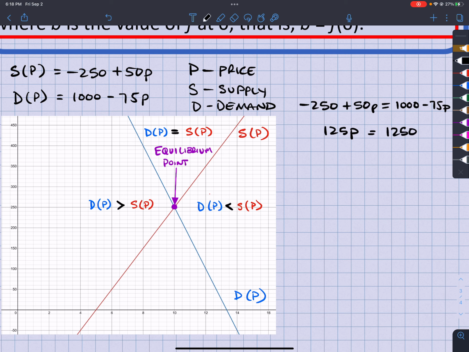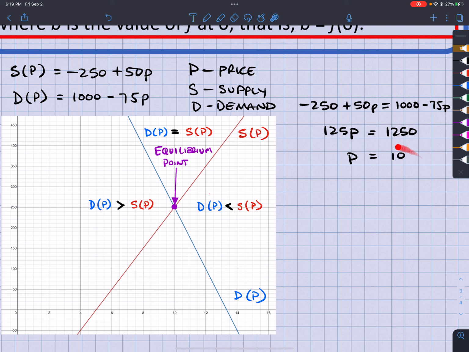And I divide, so the p is going to equal 10, okay? So now I know at the price of $10 is when they will be equal to each other. But again, this will also show me that to the left of 10, the demand is going to be greater than the supply, and to the right of 10, the demand is going to be less than the supply, okay?